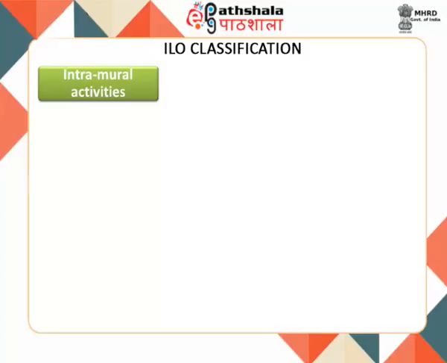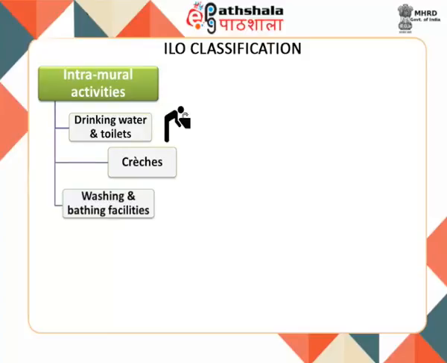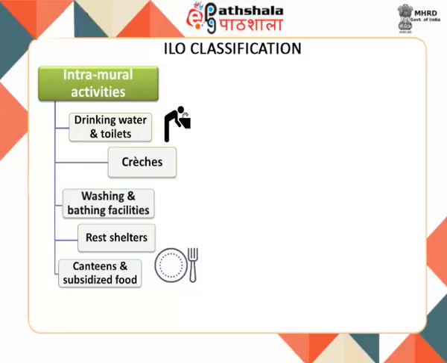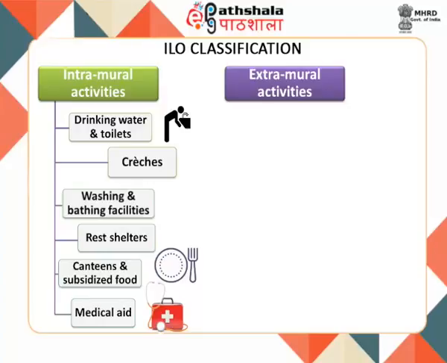It includes facilities such as drinking water, toilets, daycare centers, washing and bathing facilities, rest shelters, canteens, subsidized food, medical aid, etc. Extramural activities are those which are provided outside the establishment.